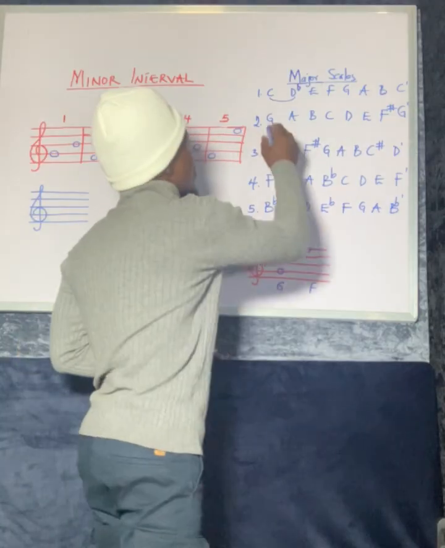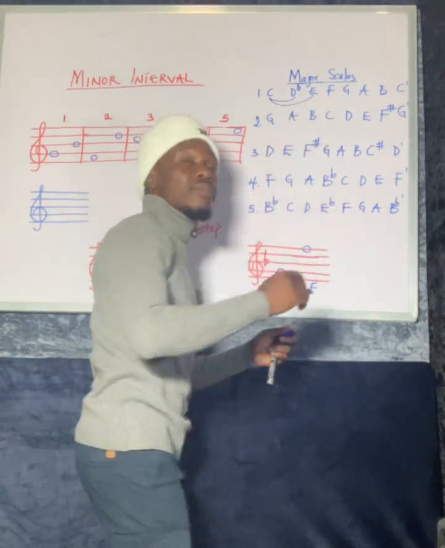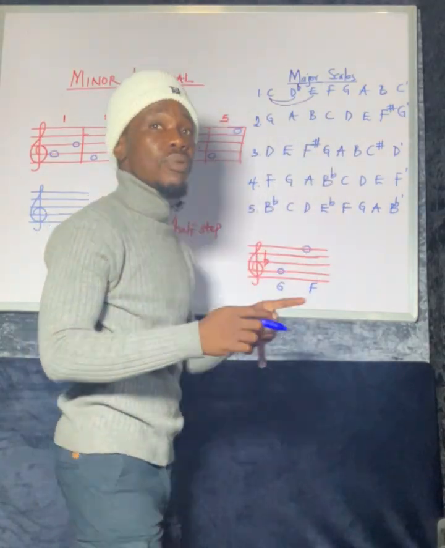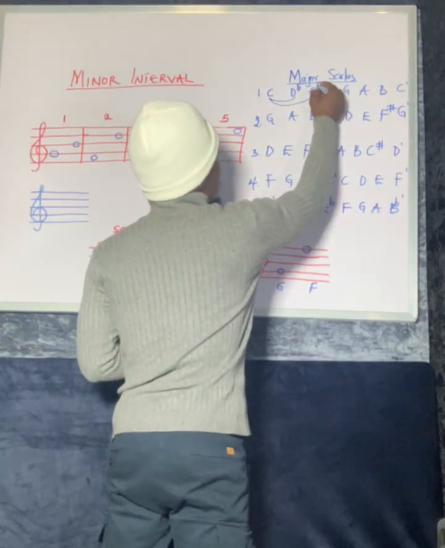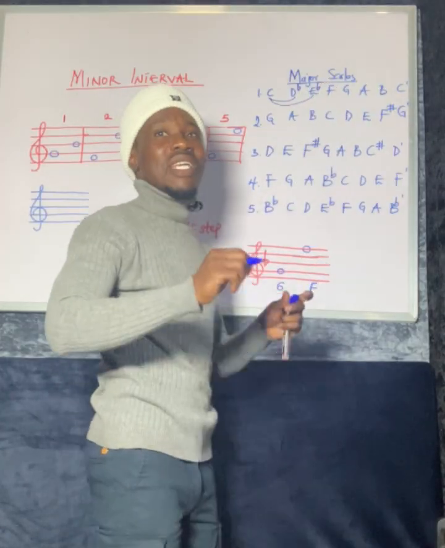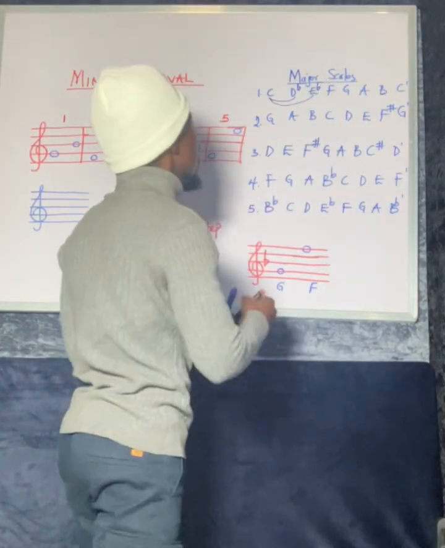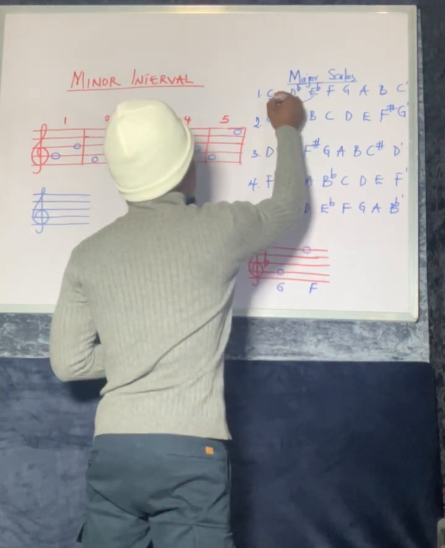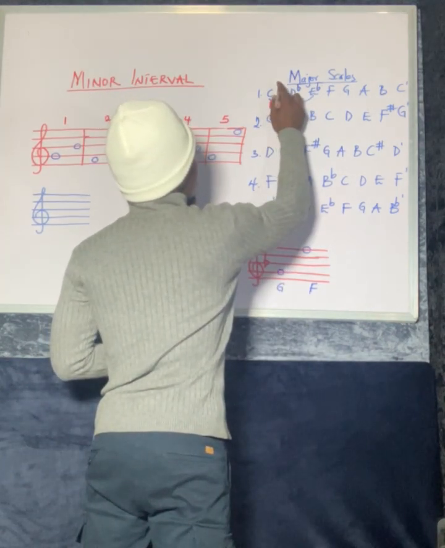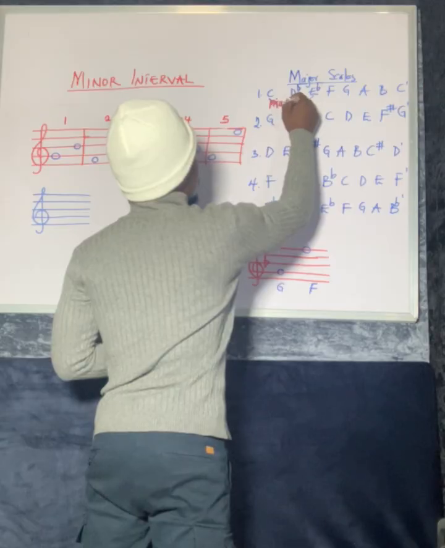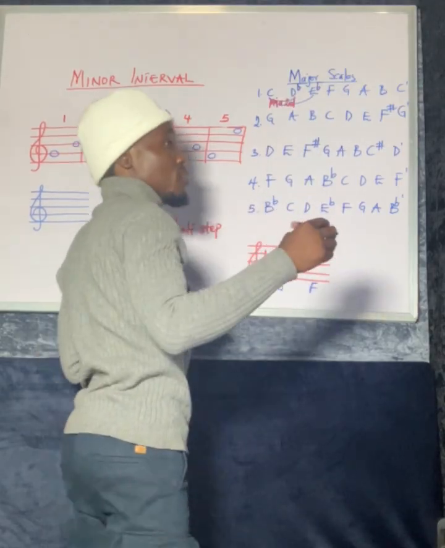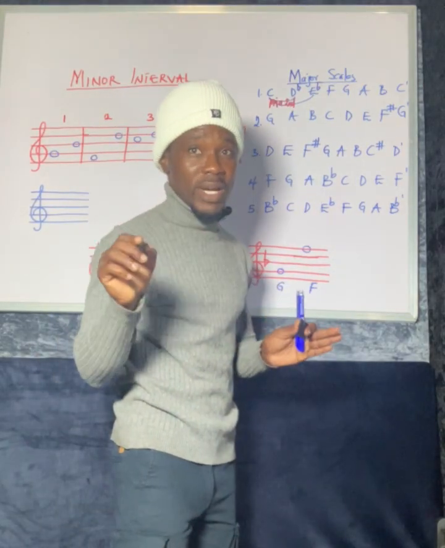All right. Now C to E is a major third, but C to E flat is a what? A minor third. So let me write them there. So here C to D flat is a minor second. Normally we use a small letter m for minor.